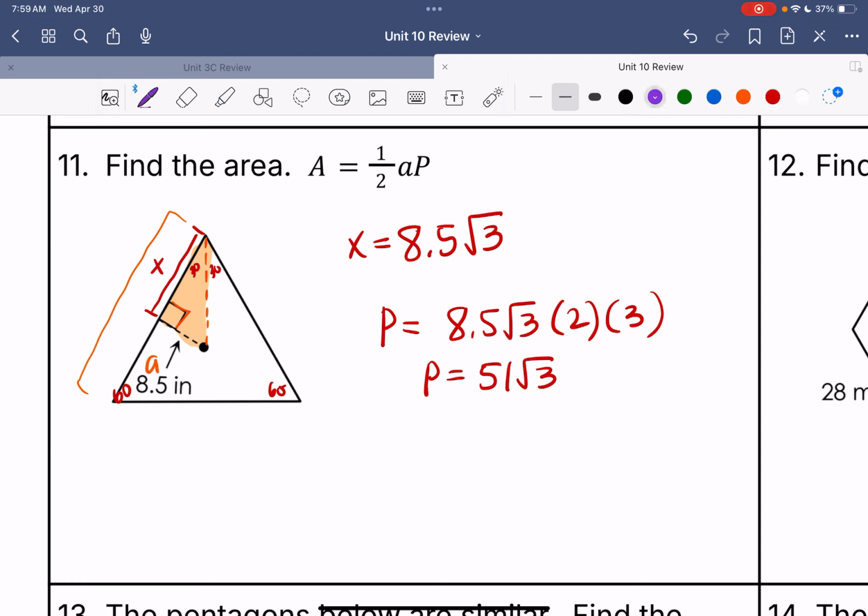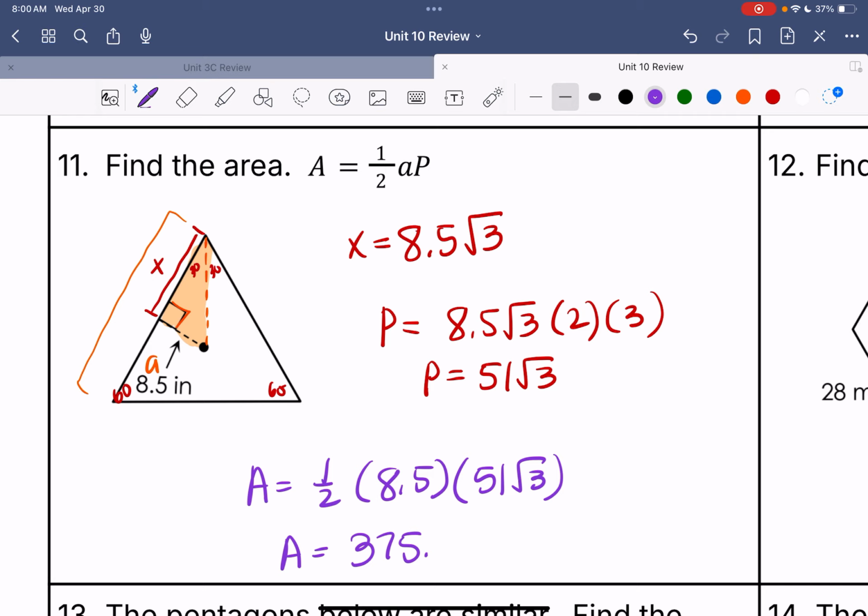I can find my area. 1/2 times 8.5 times 51 square root 3. And I left it with the square root because we always try to round at the end. Square root 3. Okay, and I get 375.4.